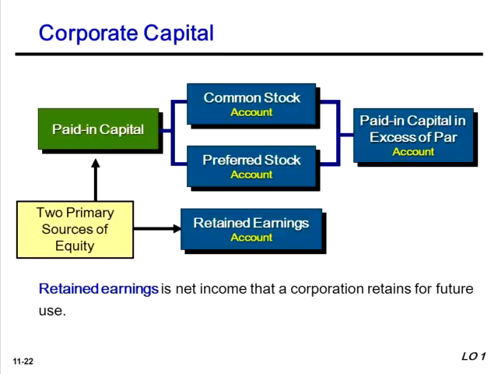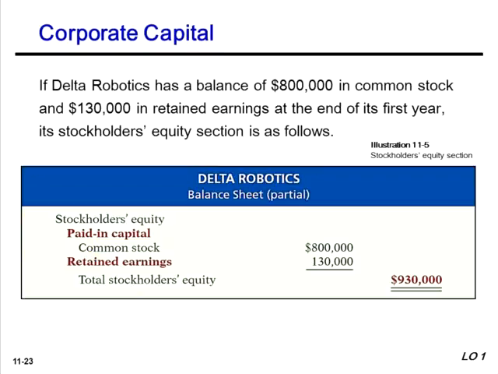Distributions would be dividends. And over time, of course, we would want to see the balance in retained earnings continue to increase. Here's an illustration of a partial balance sheet, and this is very basic. You see paid-in capital and retained earnings with total stockholders' equity.